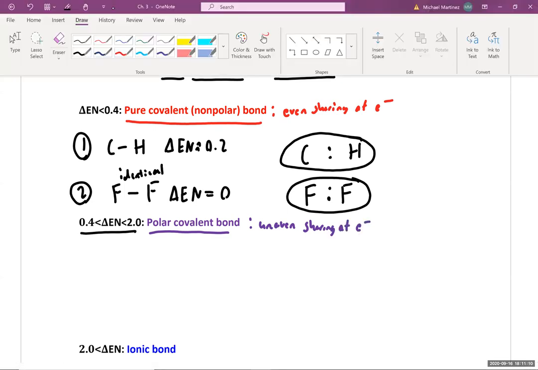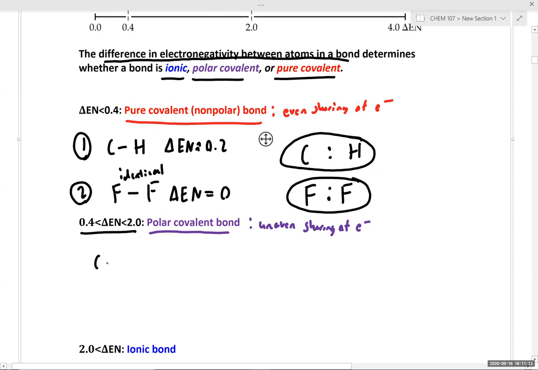So, for example, suppose we're looking at a carbon-oxygen bond, which has a difference in electronegativity around 0.6. What you just need to know is that oxygen is farther to the right than carbon. You don't need to know the exact electronegativity numbers, just the trends.